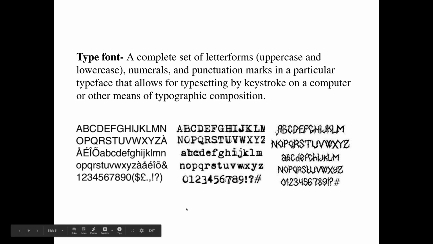What you're going to notice as you start designing and working with fonts is that not all fonts have all of the characters. So there's not a complete type font sometimes for those fonts. Sometimes fonts don't have lowercase letters, or sometimes they don't have numerals, or sometimes they don't have special characters.